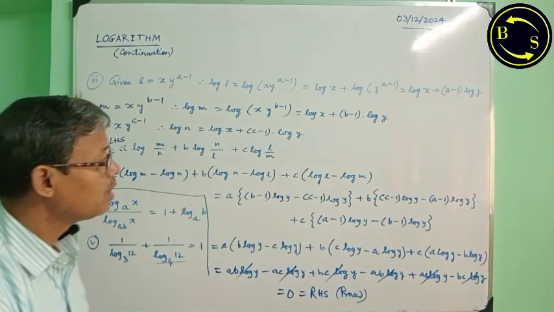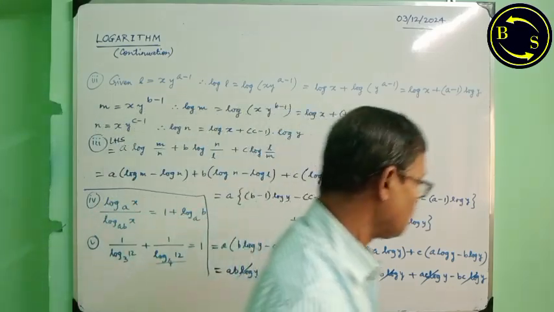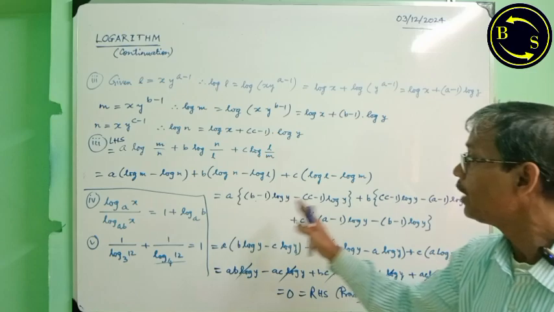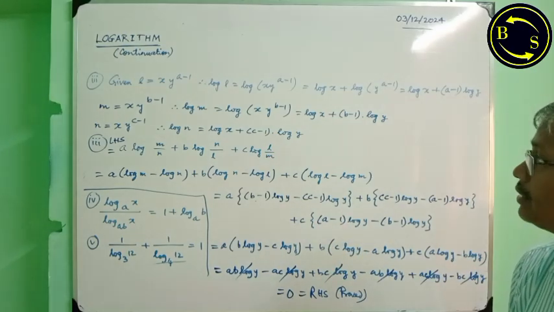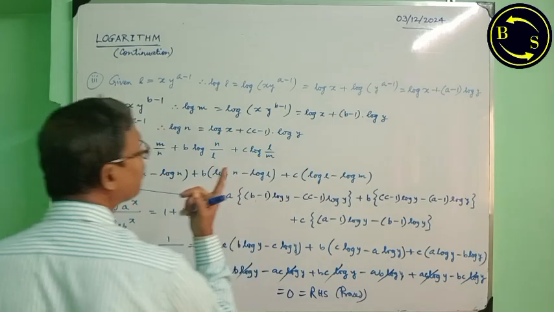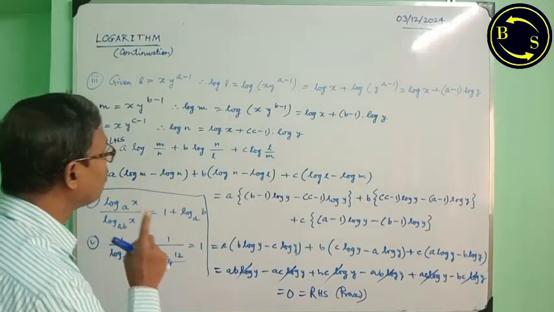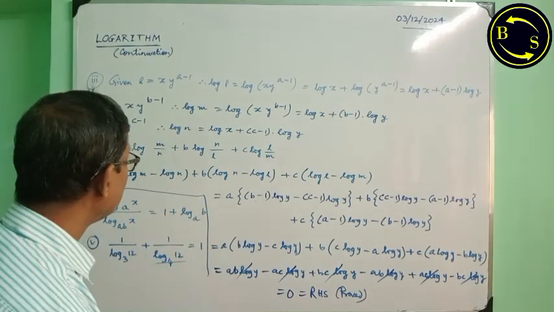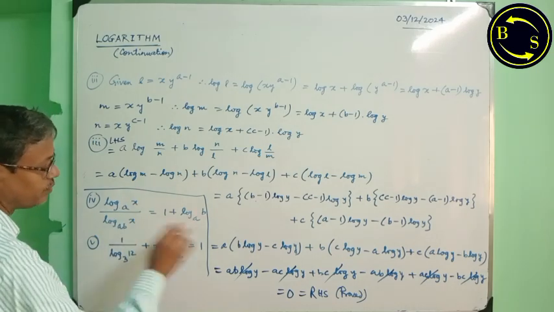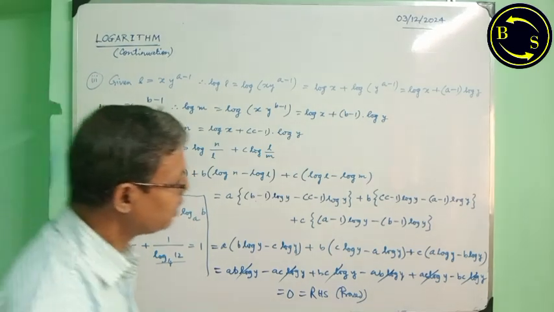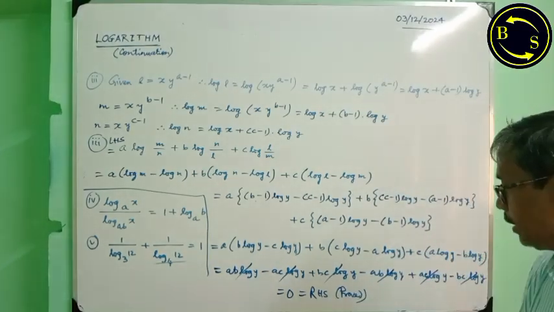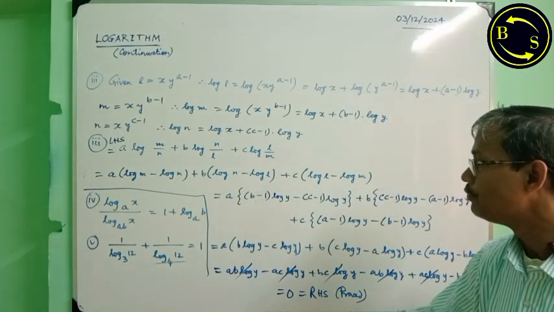As it is a long one, we have applied the trick. First of all, we have calculated log n and log l. Then we have put the values, also skipping a few steps. Finally, the value is 0.